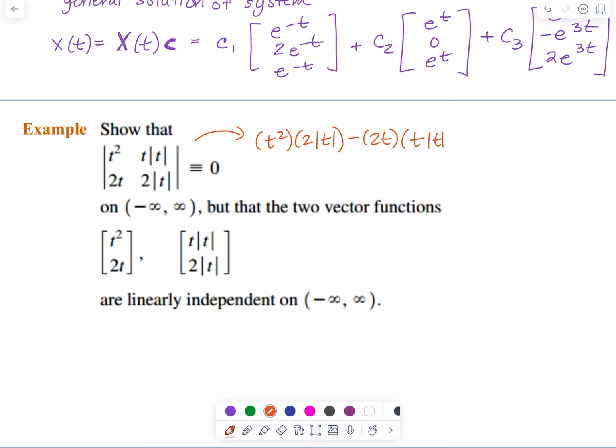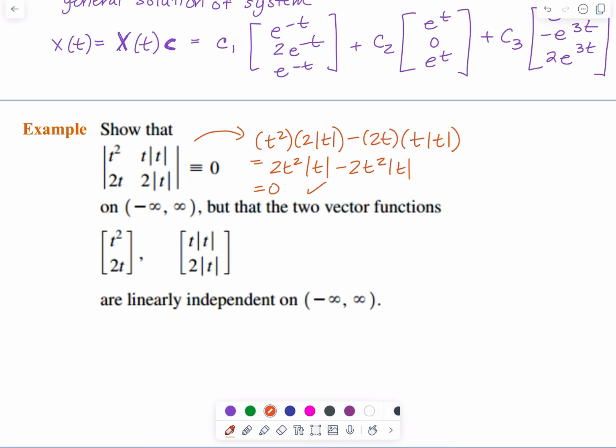So we are just finding that determinant. And as you can see, this is equal to 0.